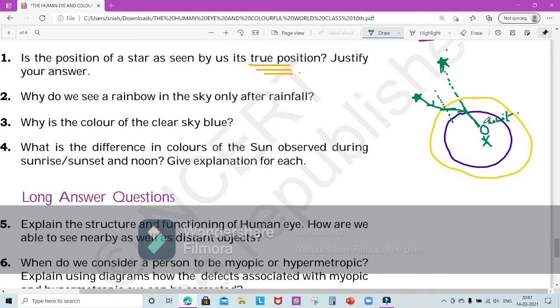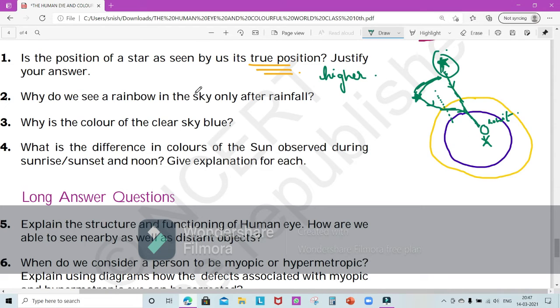His eyes will assume that the ray of light is coming from here. So it's slightly higher than the original position. It's not the true position. The observed position is slightly higher than the original. This much deviation won't be seen. It'll be a slight deviation, but for such a small earth that we have drawn, it will be like this.